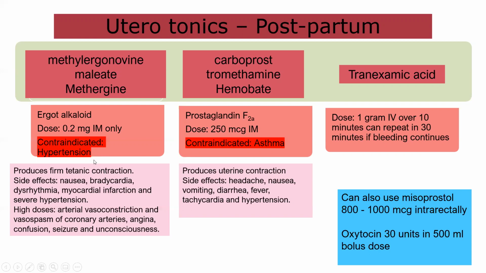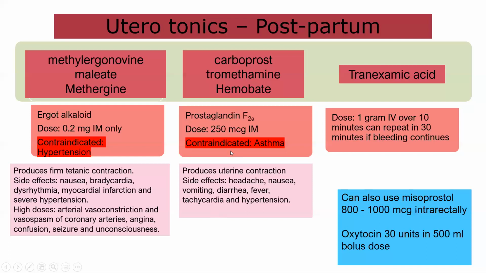So you don't want to give your Methergine if they are hypertensive in pregnancy, whether it be chronic hypertensive or gestational. If they're hypertensive at all, this has been taken out of your toolkit. You do not use this one.